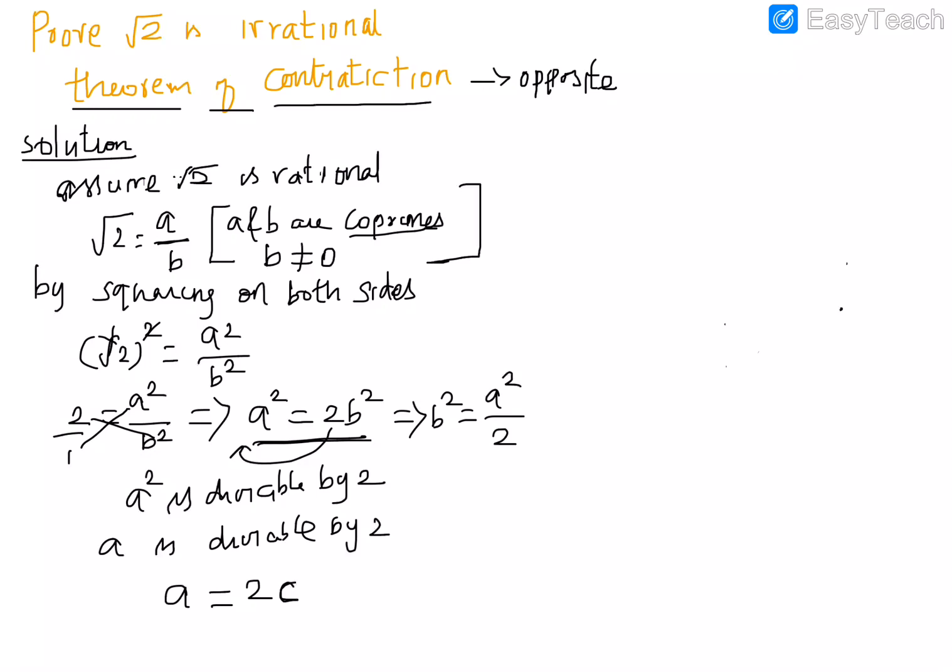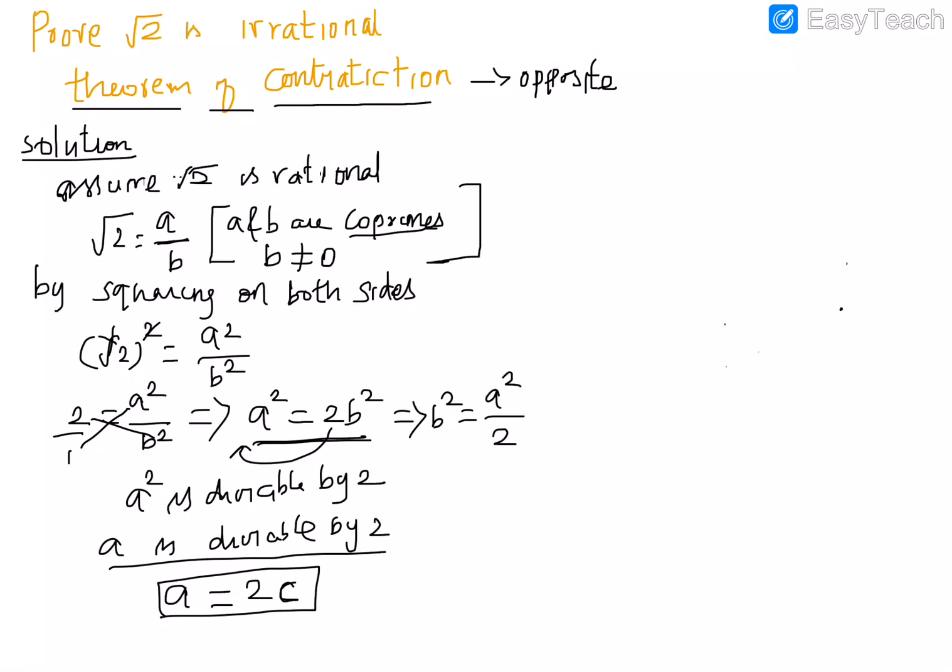If c equals 2, 2 into 2, 4, a equals 4. And if c equals 3, a equals 6. So a must be a multiple of 2. Here I take a equals 2c, since a is divisible by 2.